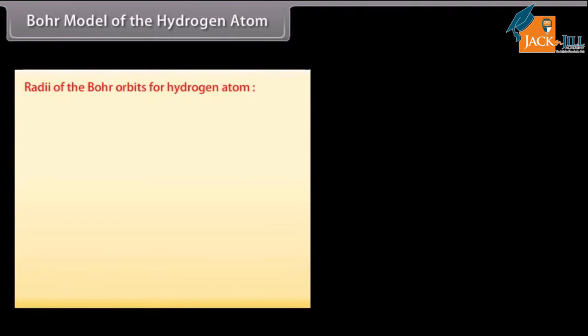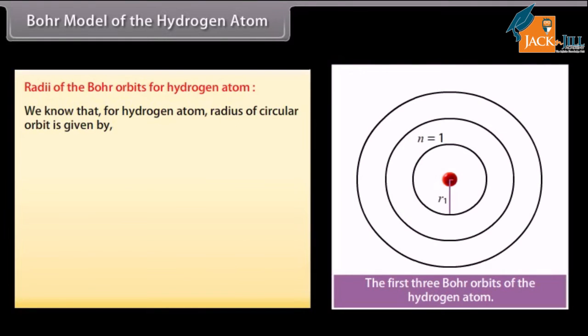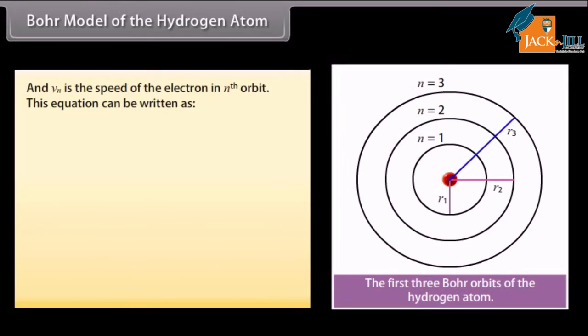Radii of the Bohr orbits of the hydrogen atom. We know that for the hydrogen atom, the radius of the circular orbit is given by e²/(4πε₀mv²). We have to find the radius of the nth orbit that satisfies the Bohr quantization condition on angular momentum. Lₙ is equal to the product of m, vₙ and rₙ, which equals nh/2π, where n is equal to 1, 2, 3 and so on, and vₙ is the speed of the electron in the nth orbit.